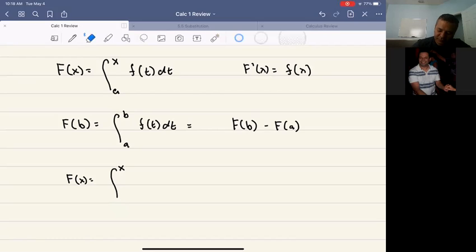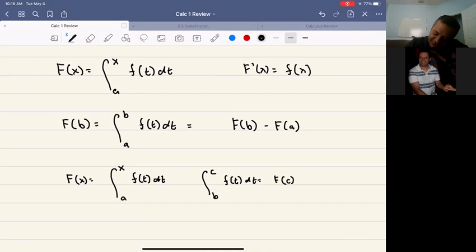Actually, let's do it from a. But what we would say is that the integral from b to c of f of t dt equals F of c minus F of b.